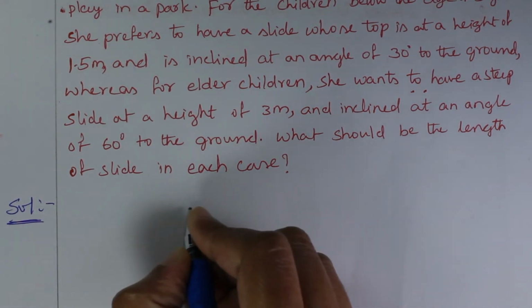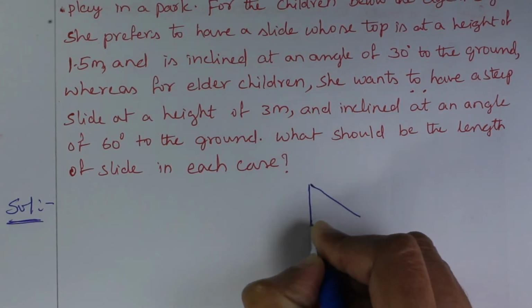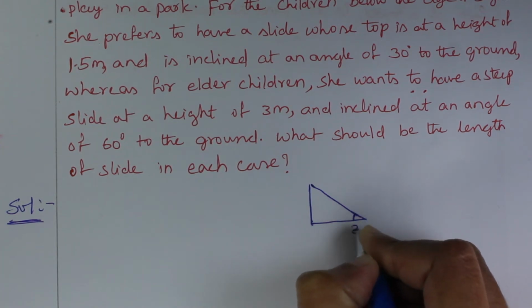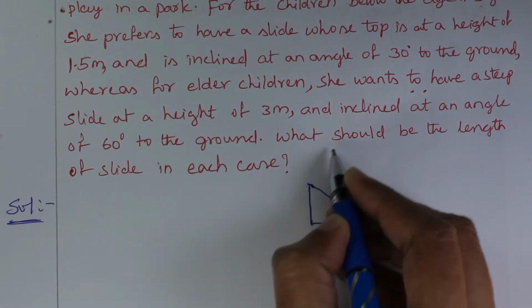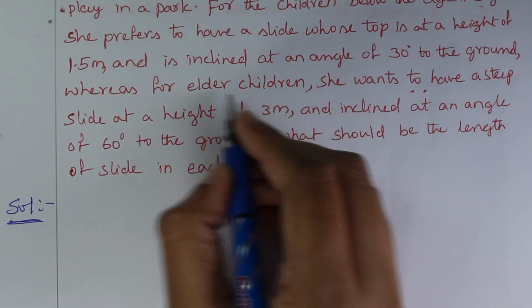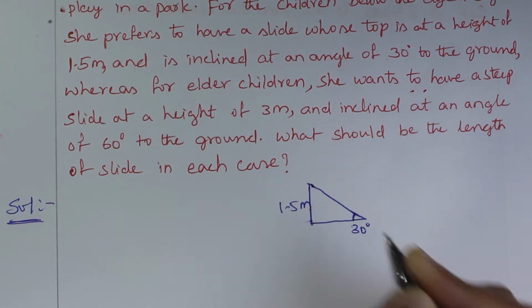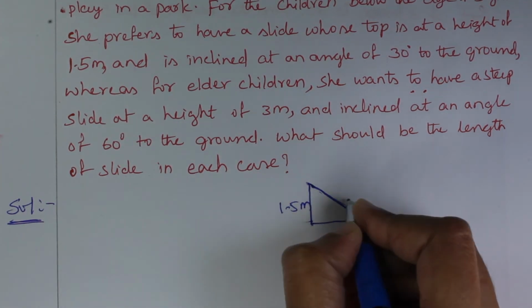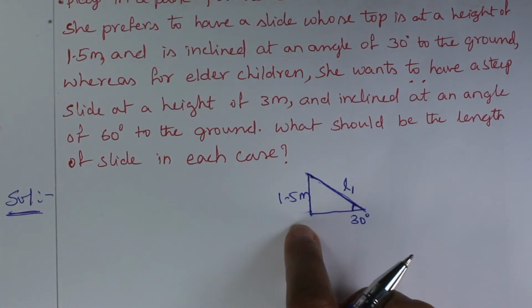So let us assume this to be the first slide, slide 1, which is making 30 degrees with the ground, and the height of this slide from the ground is 1.5 meters. Now we have to find out the length of this slide. This is the length of the slide, L1, which is the length of the first slide.